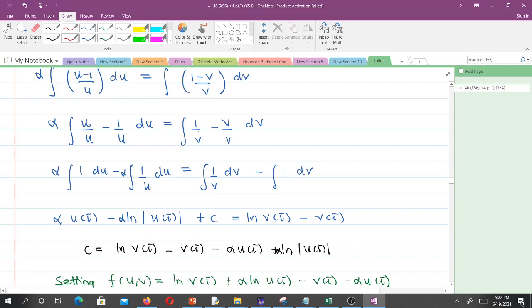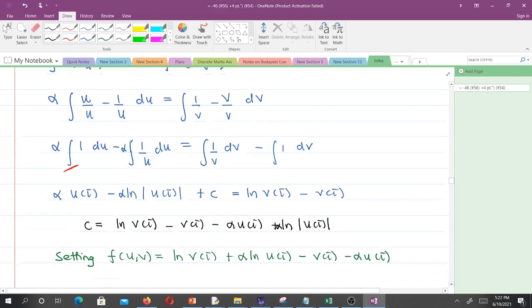So when we integrate all of them, we are going to have alpha u of tau, because u is a function of tau. Then this will give us minus alpha ln u of tau plus an arbitrary constant will be equal to ln v of tau minus v of tau, right?